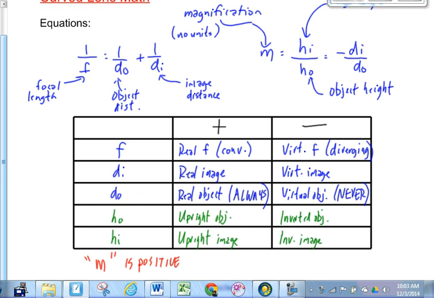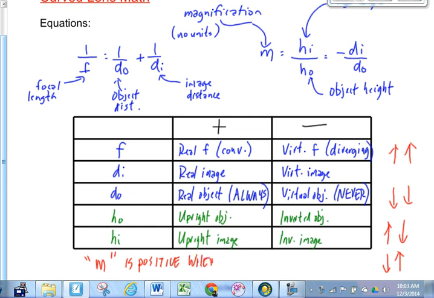In other words, they're both on the same side of the principal axis. They're both like this, M is positive. Or they're both like this, M is still positive. If the object is like this and the image is like this, then M is negative. If the object is like this and the image is like this, then M is negative. When they're on the same side of the principal axis, M is positive.